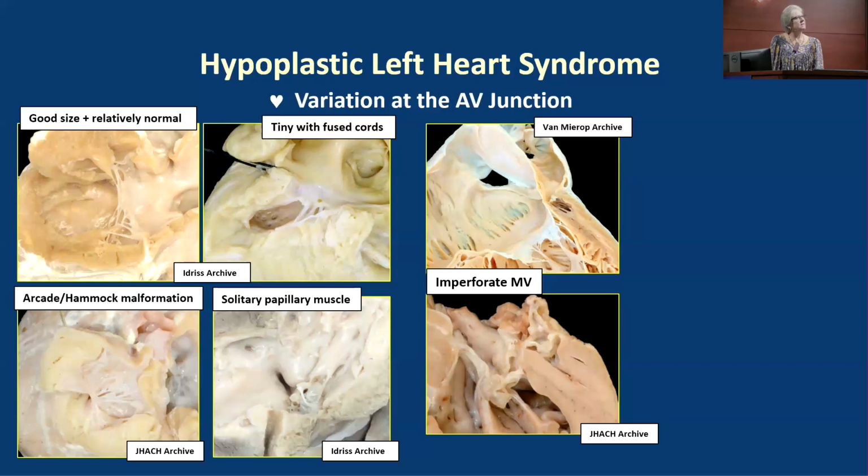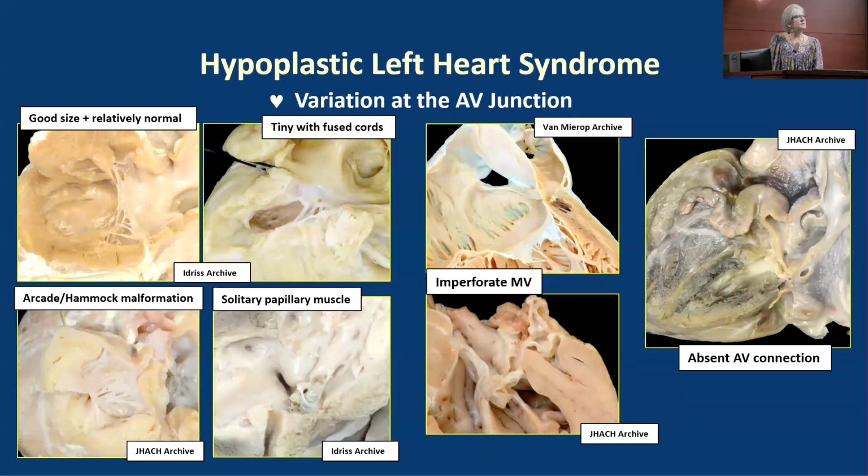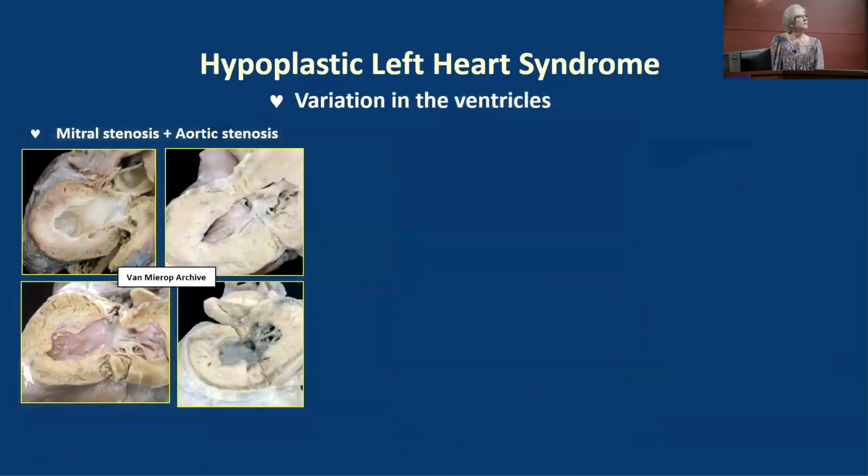The one at the top is much smaller than the one at the bottom. So this just shows us that the insult during fetal development was later in one rather than the other. And then we can see that specimen that I showed you before with the absent connection at the left atrioventricular junction. There's also variation within the ventricles.